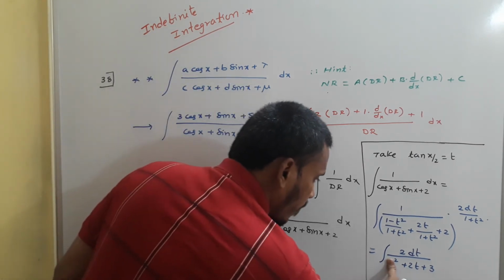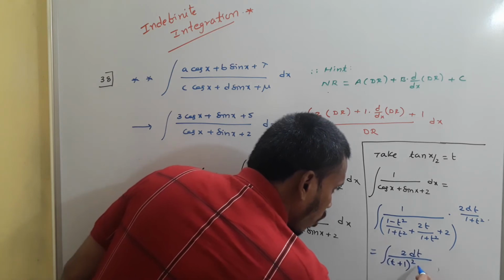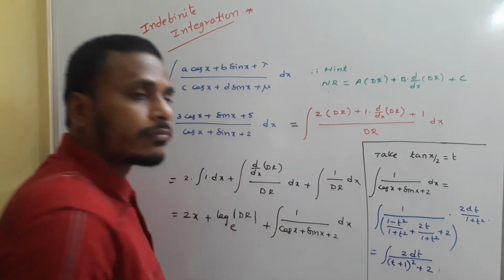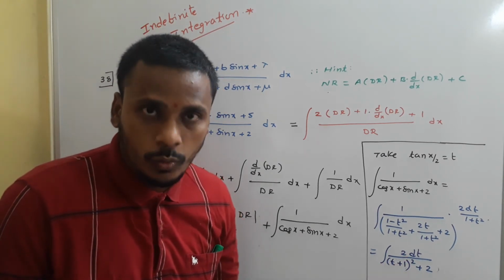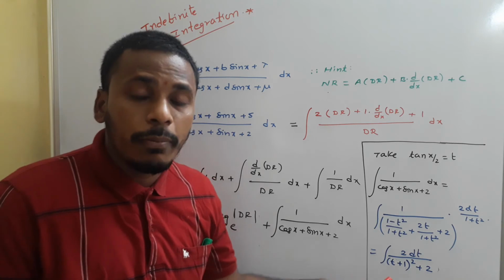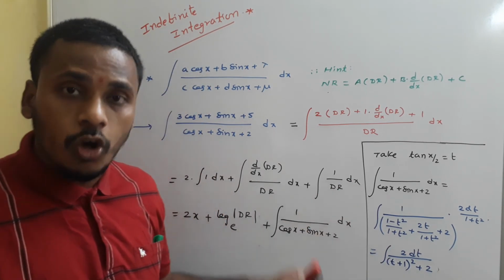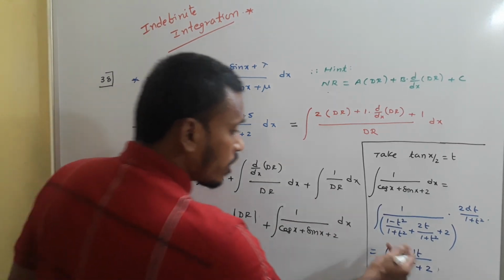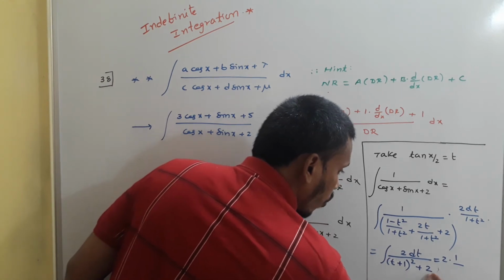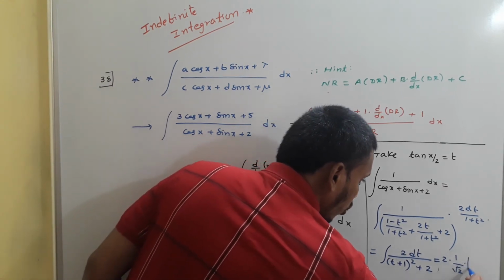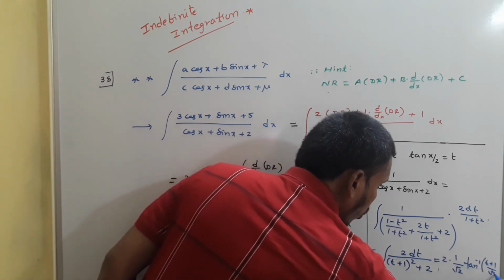Now it is of the format 1 by x square plus a square, which is nothing but 1 by a tan inverse of x by a. So this is 2 into 1 by root 2 into tan inverse of (t plus 1) by root 2. That's it.